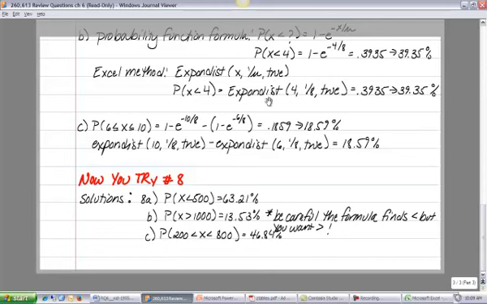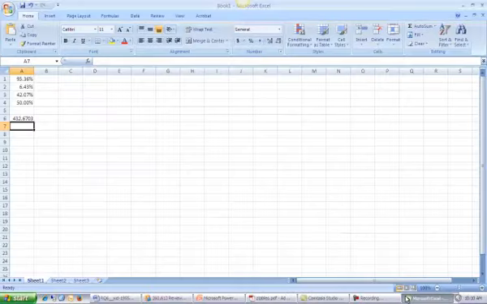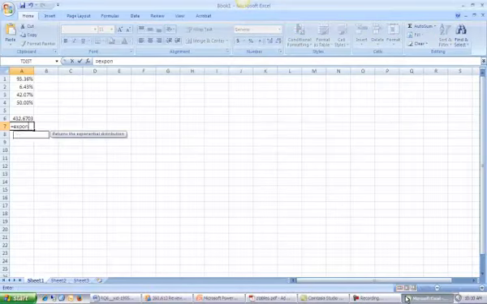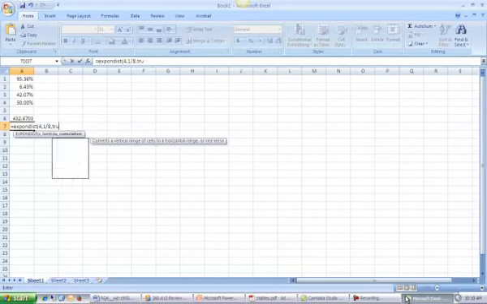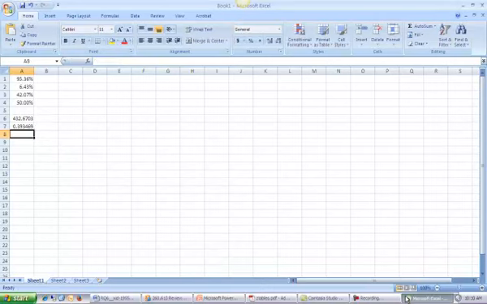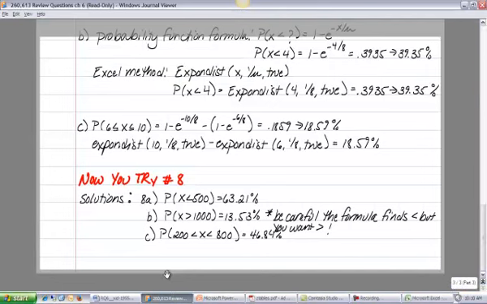X is 4, mu is 8, so 1/8, comma, true. And I'm going to get my same percentage here. And then I can move on to the next question.